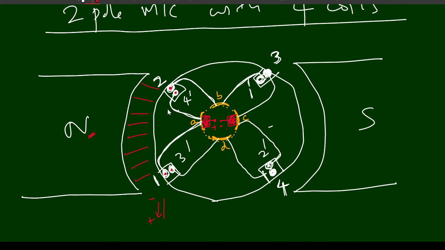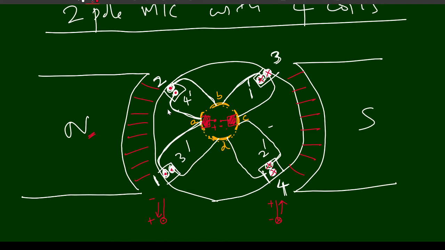Under the influence of the south pole, the EMFs will have a direction inside the page or screen. It will have this cross connection. Cross means going inside the page, and dot means coming out of the page. So this is plus and this is minus.